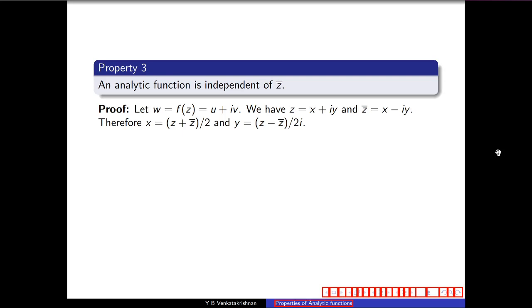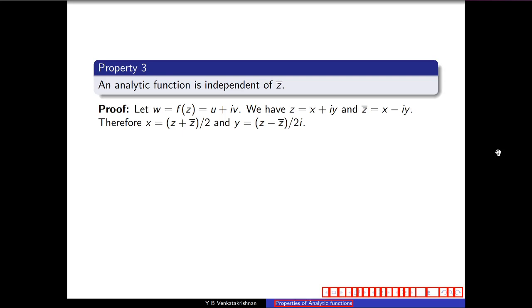Now for the third property, which is again important from the mathematical point of view, an analytic function is independent of the conjugate of z. We all know what the conjugate of z is. If I assume z as x plus iy, then the conjugate of z will be x minus iy.